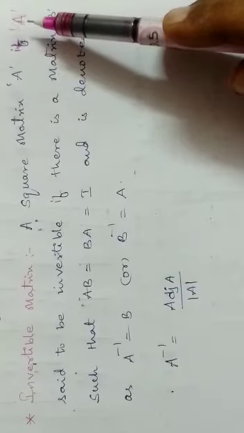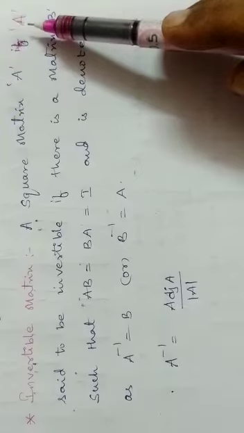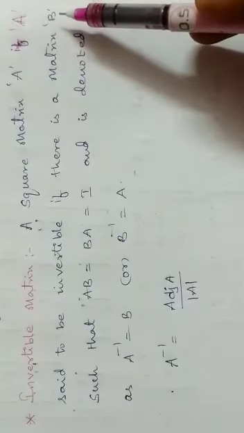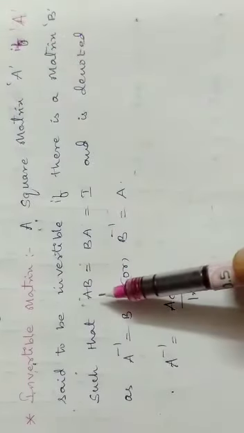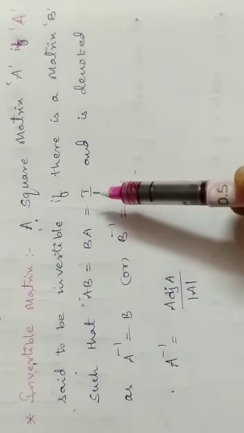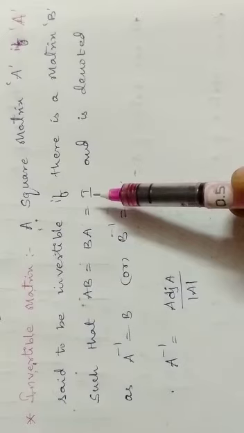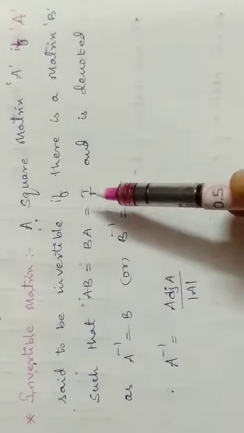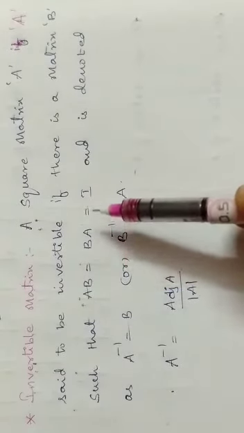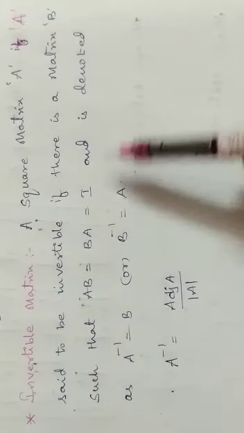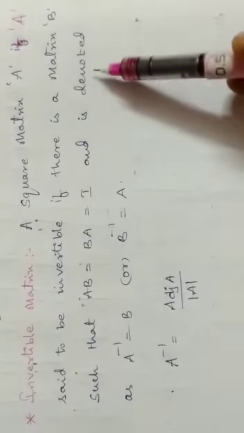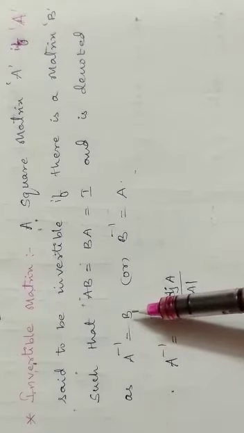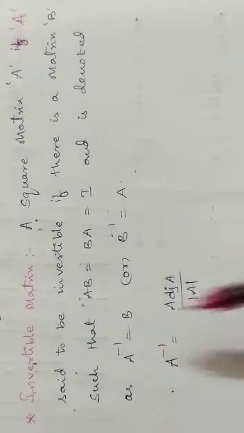To call this matrix invertible, it must be multiplied with one more matrix B. You have to get the result identity matrix: AB equal to I. Also BA equal to I. And this is denoted as A inverse equal to B.